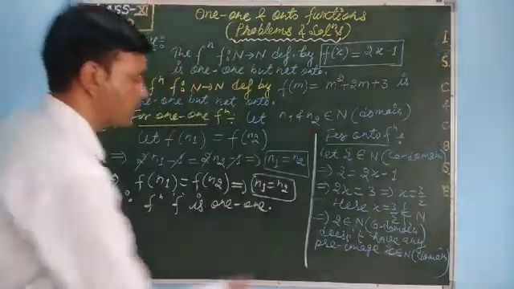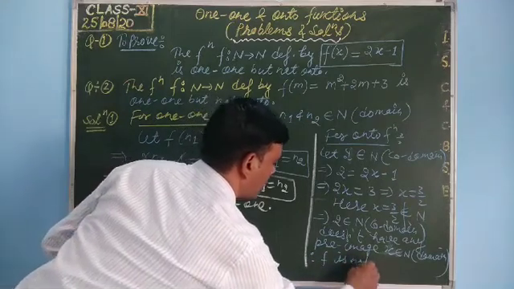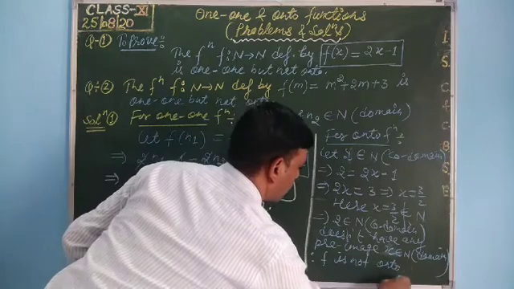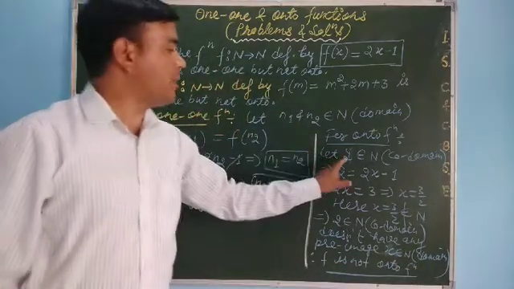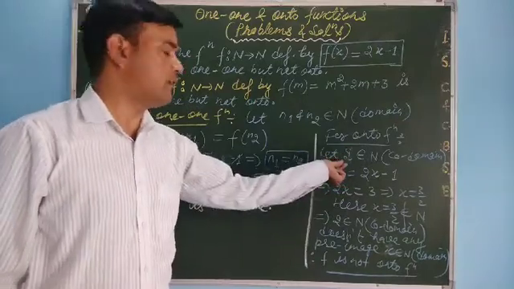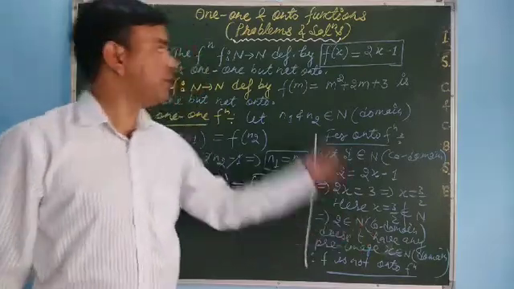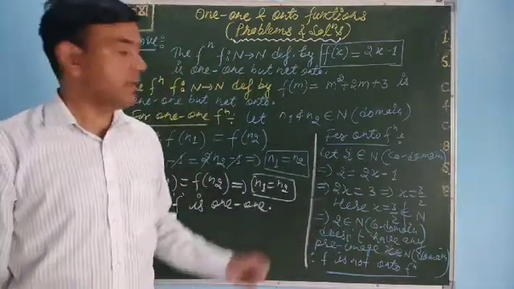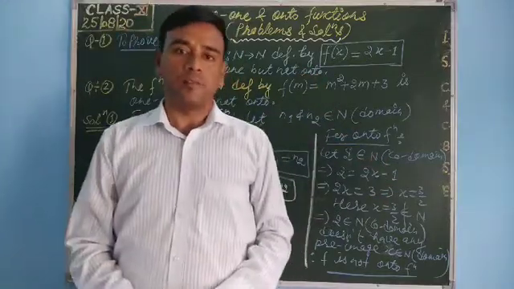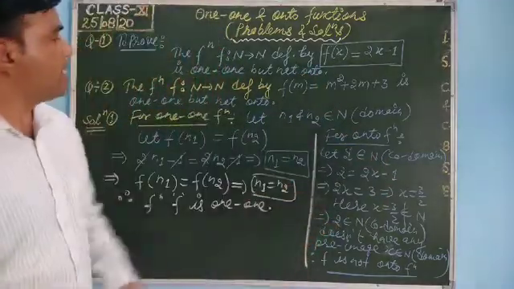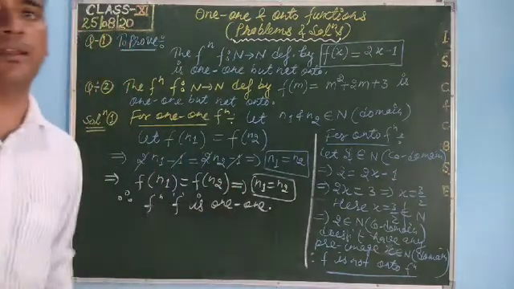Therefore f is not onto function, since codomain has an element 2 or more elements which don't have any pre-image in domain. Therefore codomain of the function will not be equal to range of the function. So in this way we have proved that. Now we will take the second question after this.